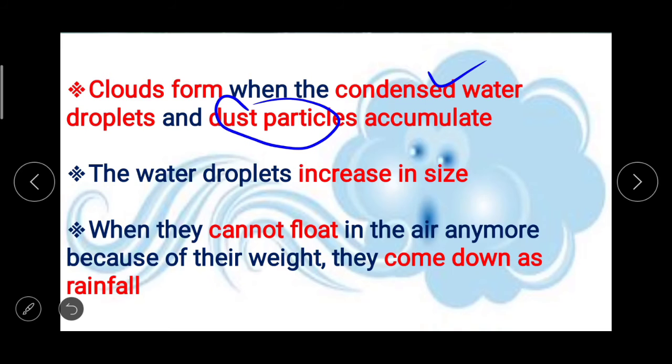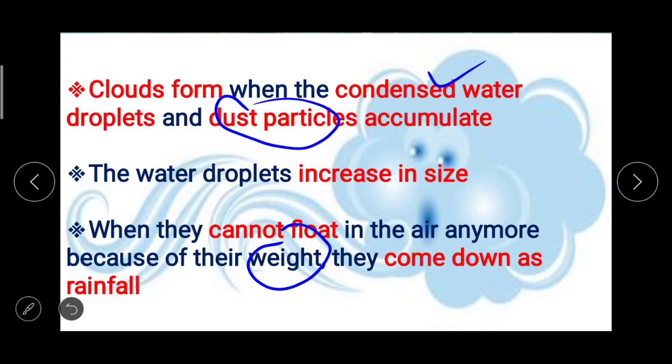The water droplets increase in size, and they cannot float in the air anymore because of their weight. Weight is increasing because the size is increasing, because it is accumulating with the dust particles.